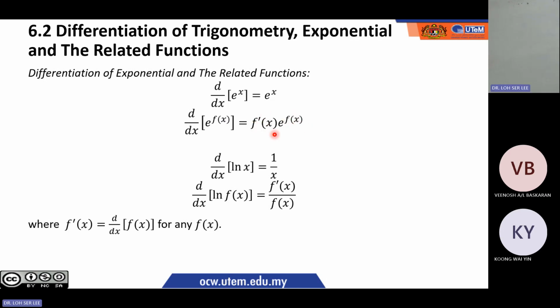This is how we differentiate the exponential function. And for the ln function, when we want to differentiate it, we put the function as the denominator, and we differentiate it with respect to x and put that as the numerator. This is how we differentiate the ln function.